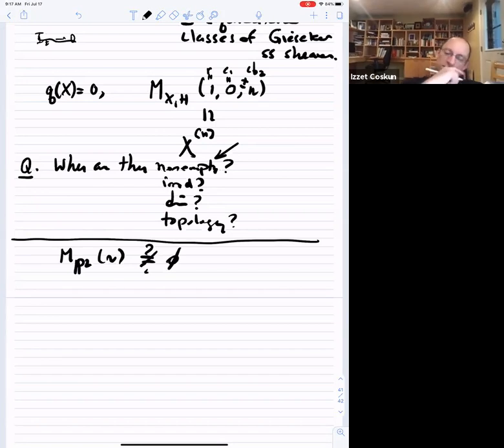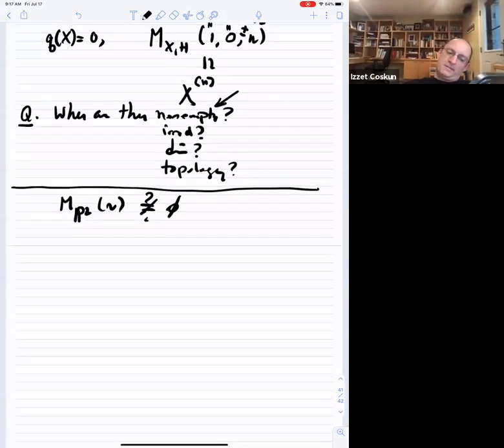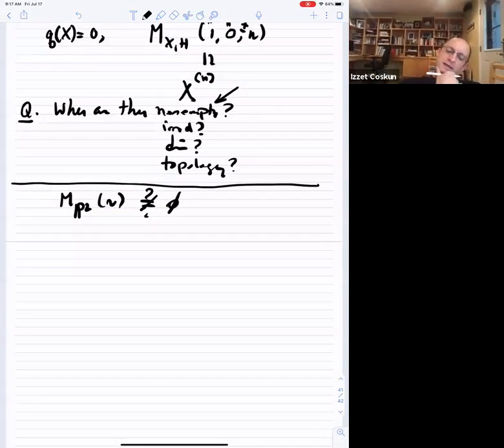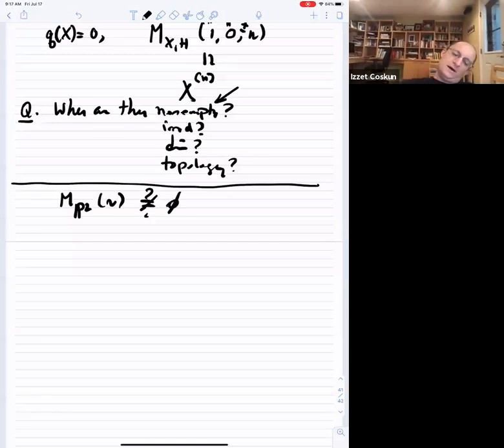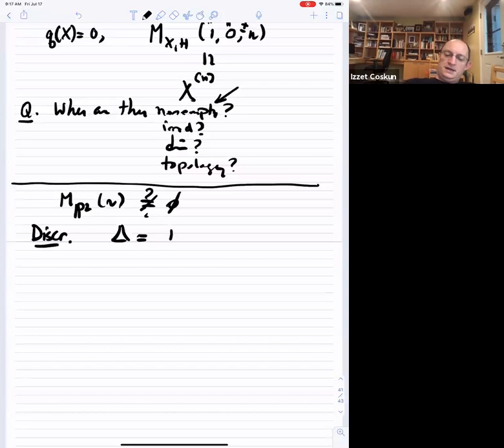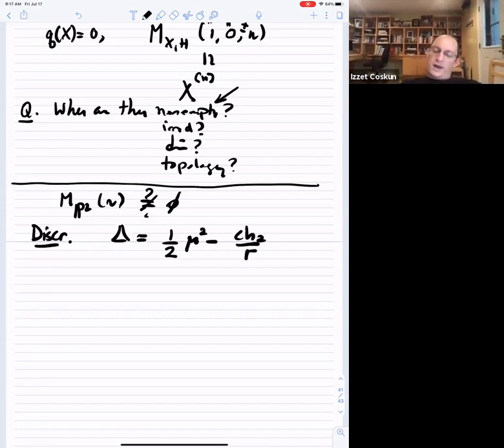All right, so now let's start talking about this. This is due to Drézet and Le Potier in the mid-80s. I need one more definition, and that's the discriminant. So the discriminant is a half times the slope squared minus ch2 over r. It's another way of describing the second Chern class.